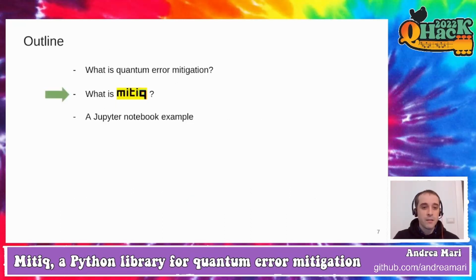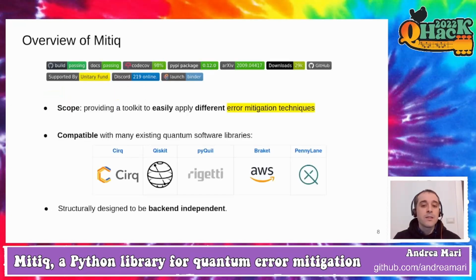So what is Mitiq? Mitiq is a Python library that has exactly this scope of providing a toolkit to apply different error mitigation techniques in a way which should be easy for the user.